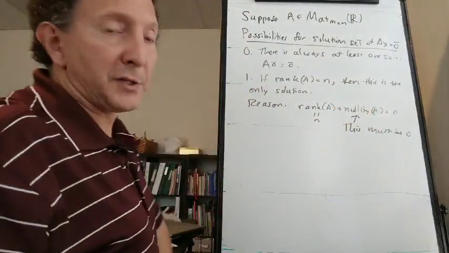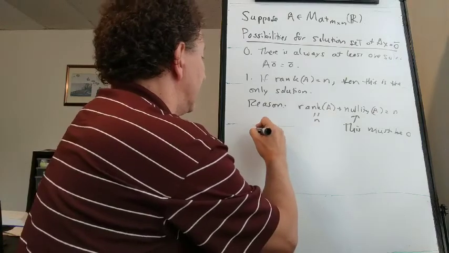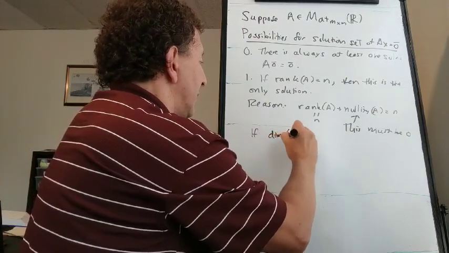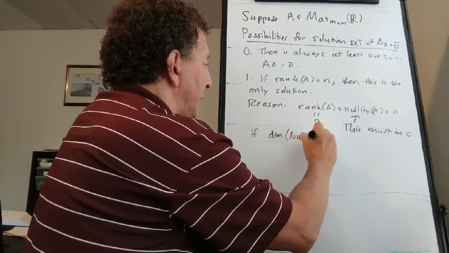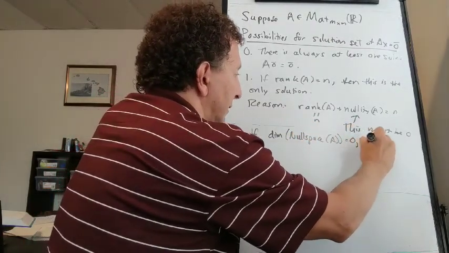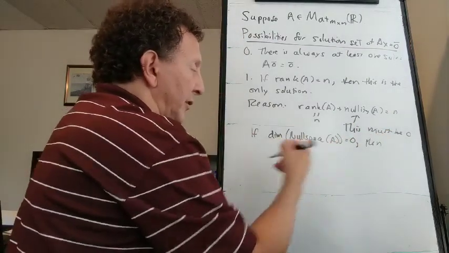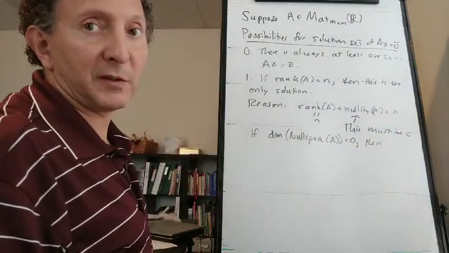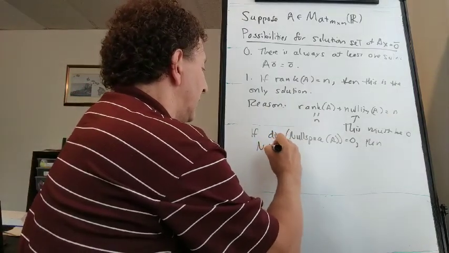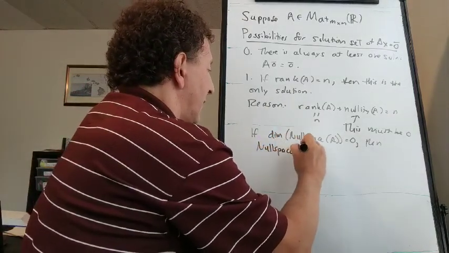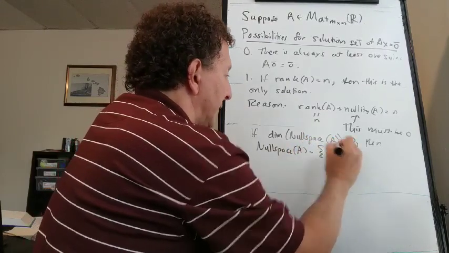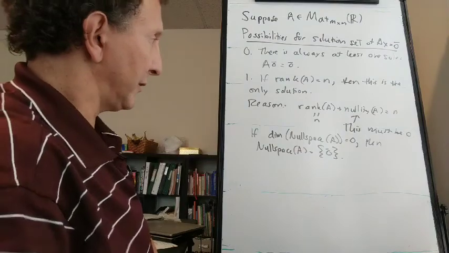Nullity means dimension of the null space. So if the dimension of the null space of A equals 0, there's only one zero-dimensional vector space. That's the vector space consisting only of the 0 vector. So the null space consists of only the 0 vector.